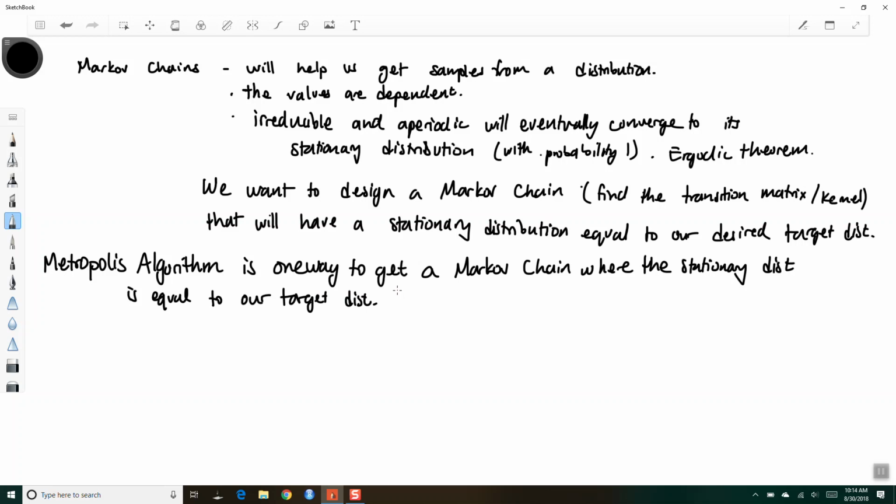The steps were like this. Start at some arbitrary state.